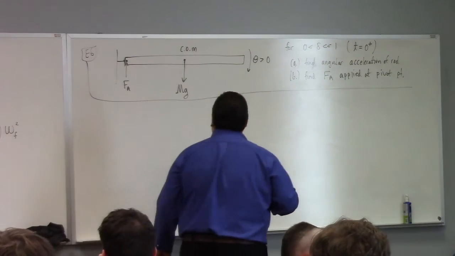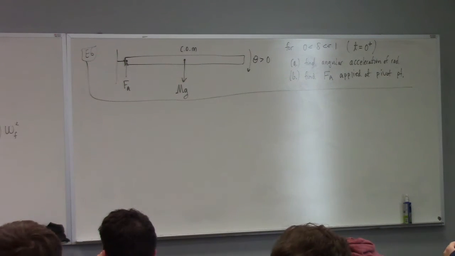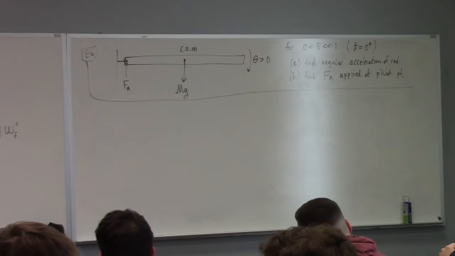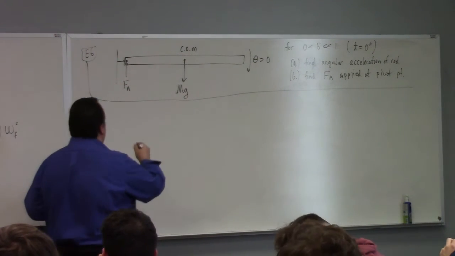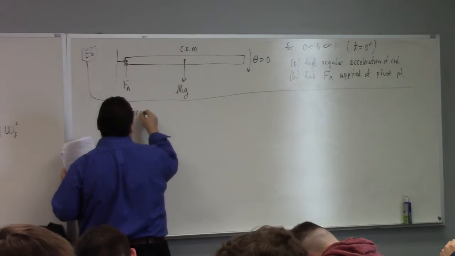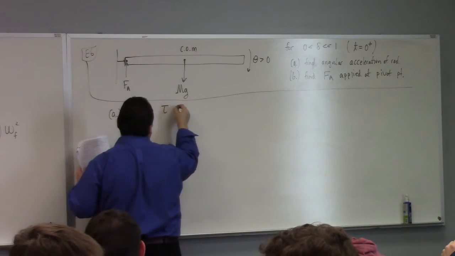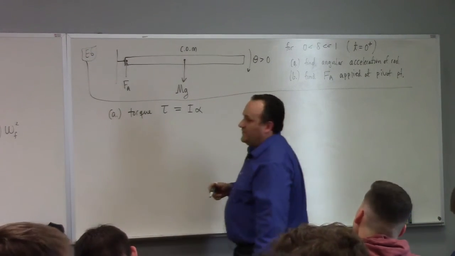Sure. Okay, so how do we solve this problem? For part A, we need to identify torque. Torque tau is equal to I alpha, right? What's the moment of inertia for the rod?